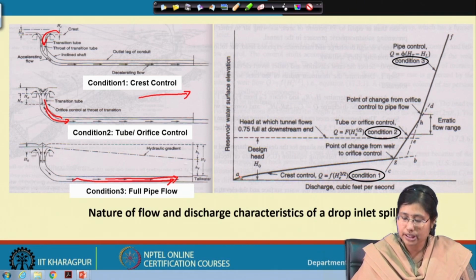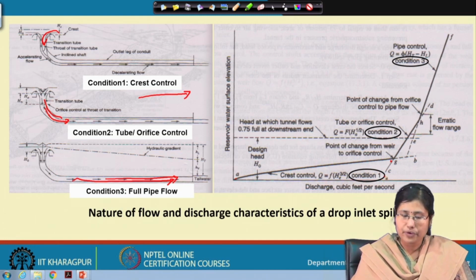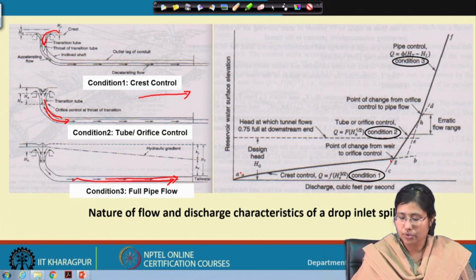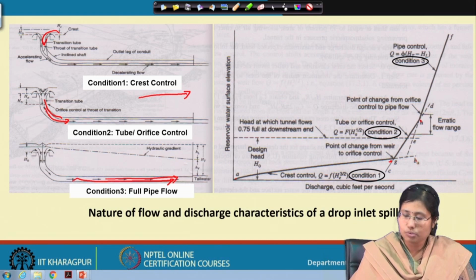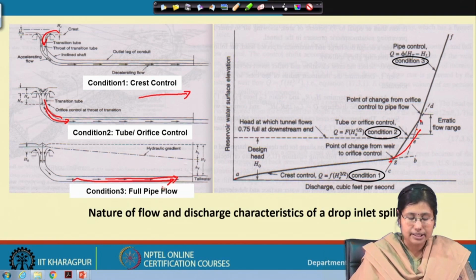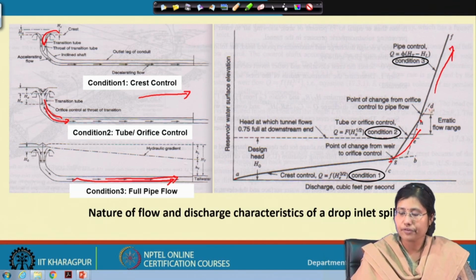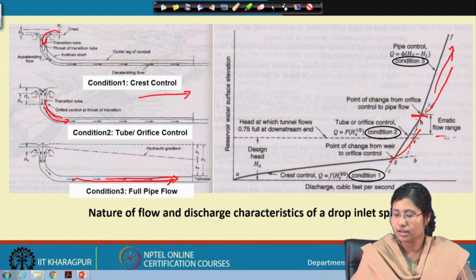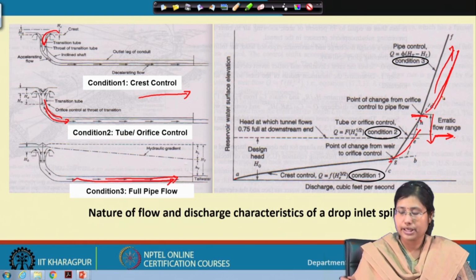Coordinates starting from A to G, condition 1 prevails, that is the crest control prevails until the coordinate G. Then from coordinate G to H, the tube or orifice control prevails, and the third or last part, the full pipe flow, begins beyond H. Whatever flow goes beyond the coordinate H, as you can see here, there is an erratic flow distribution at this range, and beyond the coordinate H the full pipe flow condition prevails.